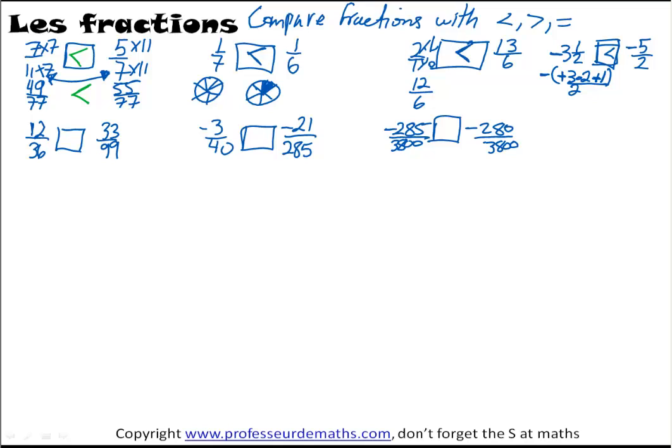So 2 times 3 is 6, plus 1 is 7, that gives us 7 over 2, with a minus sign in front of it. So minus 3 and 1/2 is minus 7/2. So we have minus 7/2 compared with minus 5/2. Which one is smaller, which one is bigger?